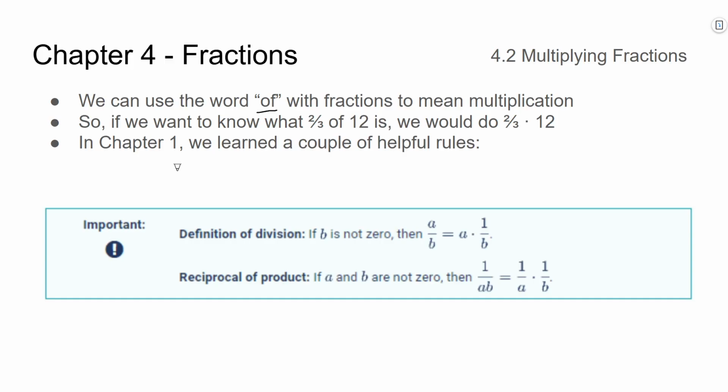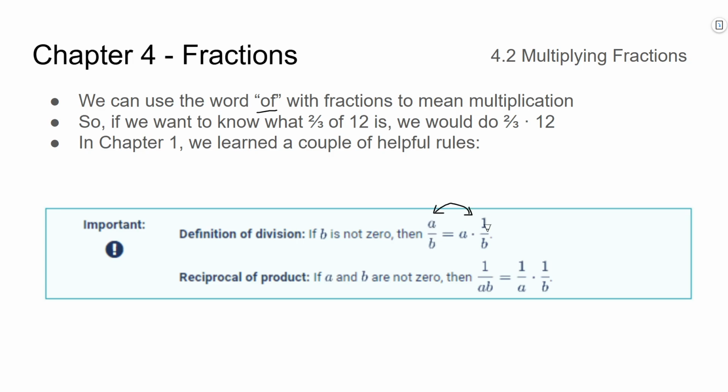And in chapter 1, we learned a couple of rules when we were talking about division and also talking about reciprocals. A lot of times we saw this the other way around. But if we have an integer times a reciprocal, then we would just get that integer over the reciprocal's denominator, a over b.